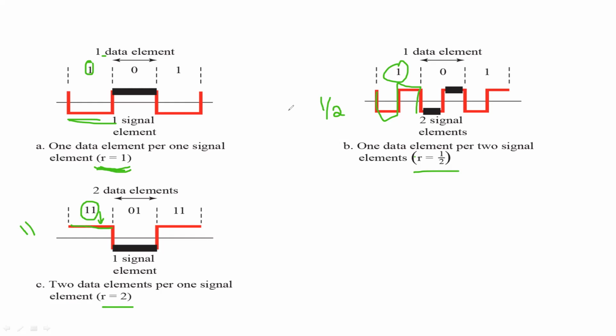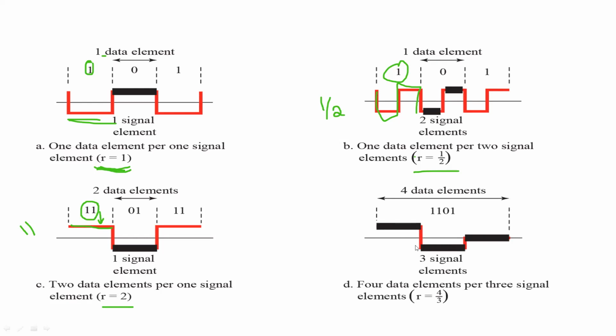Next, we have three signal elements, 1, 2 and 3, and four data elements. So it is 4 by 3: three signal elements carry four data elements. This is the representation of data elements and signal elements.